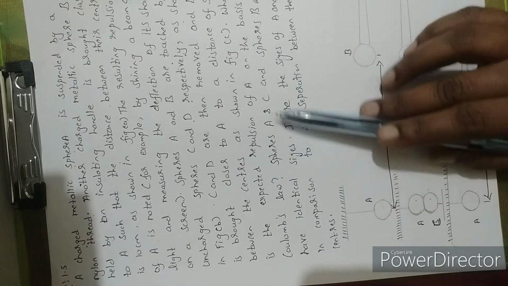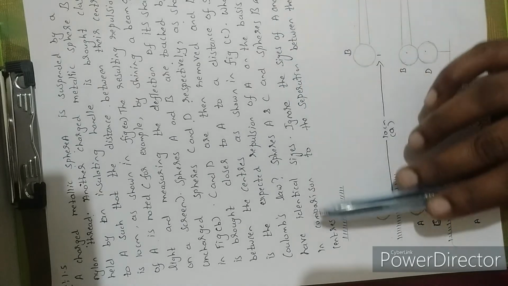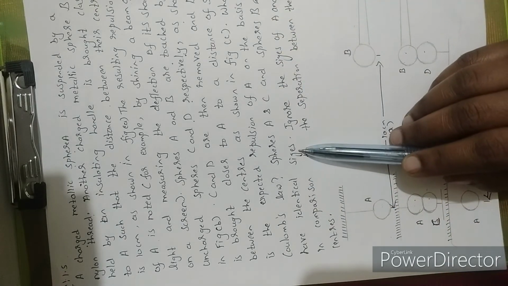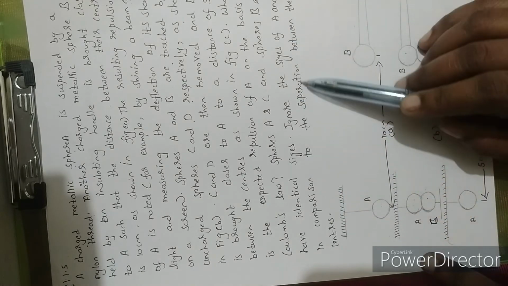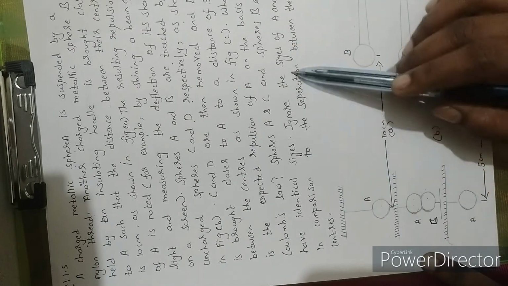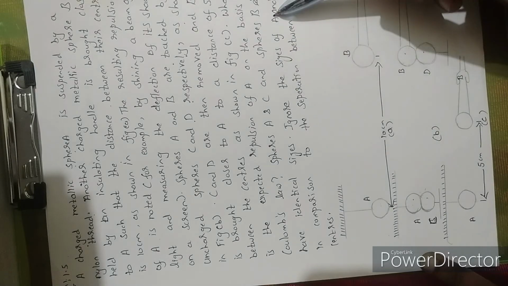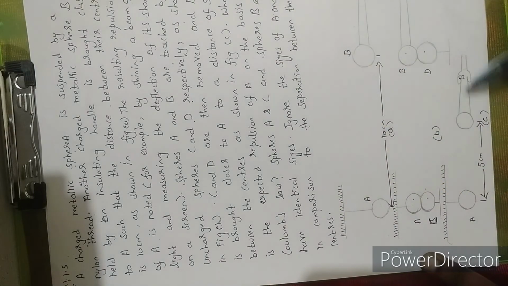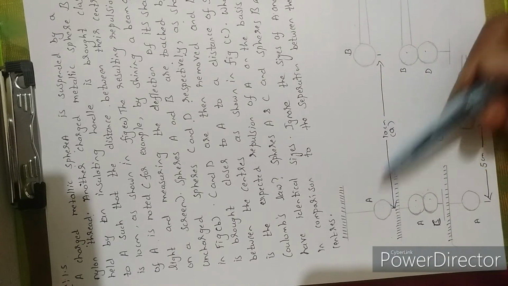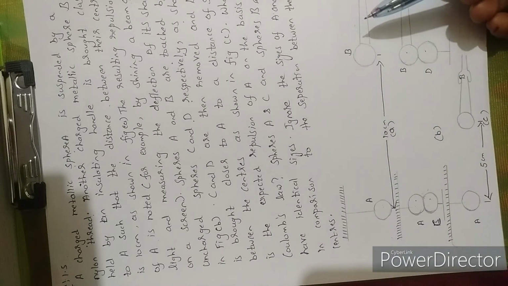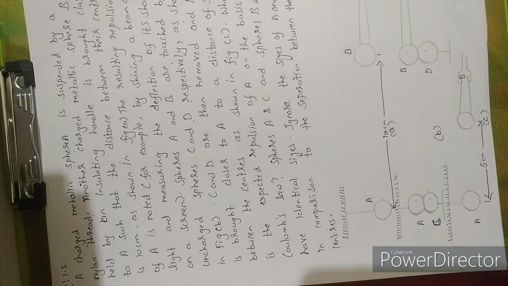The spheres A and C and spheres B and D have identical sizes. Ignore the sizes of A and B in comparison to the separation between their centers. So they have asked us to ignore the size of A and B when compared to the distance of separation between them. That is, they have asked us to consider A sphere and B sphere as point charges.